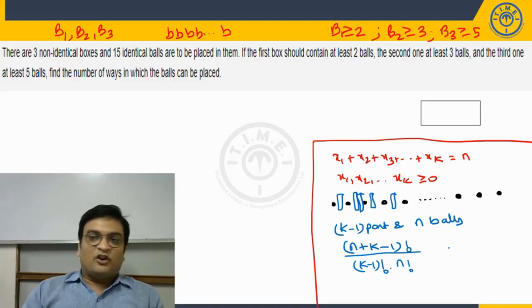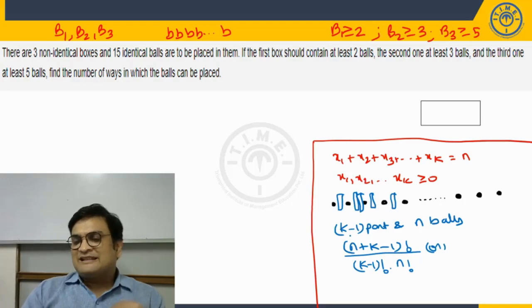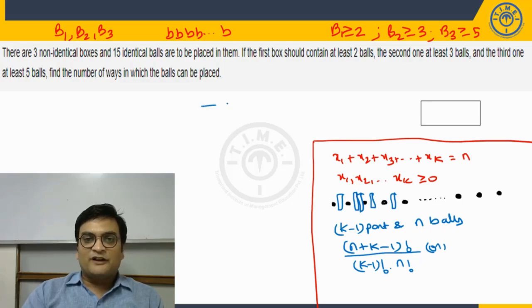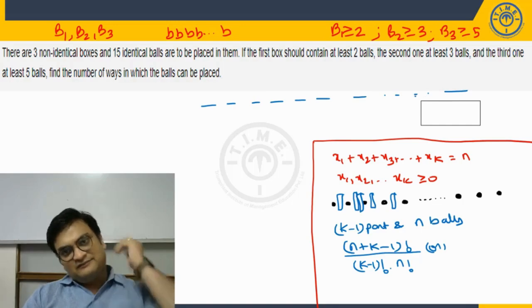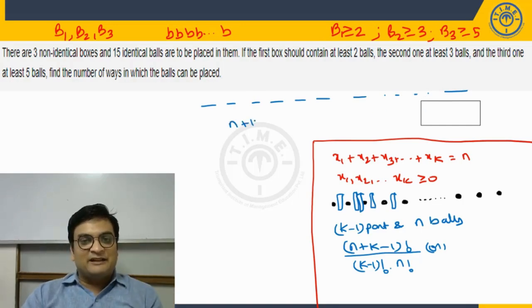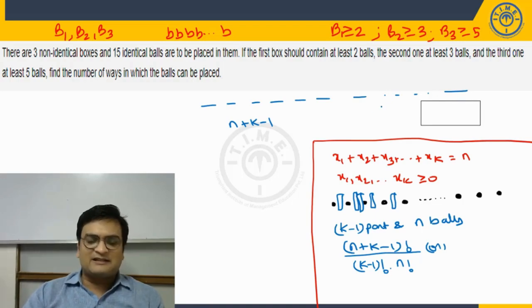Another way of looking at this: when I say there are k minus 1 identical partitions and n identical balls, overall I have to place n plus k minus 1 objects. Out of the n plus k minus 1 spaces, at any k minus 1 spaces I can place the partitions.